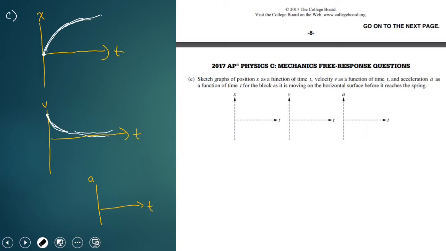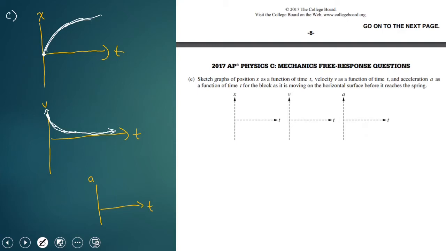Oops, it does not go over 0. Something like that. So it does intersect at time t equals 0, we have v naught.